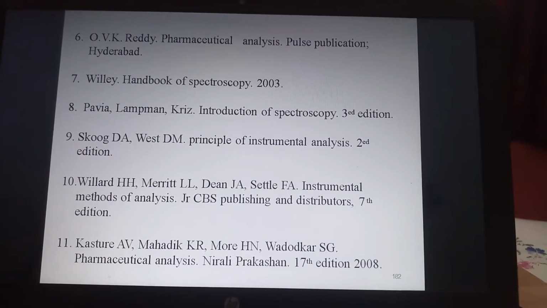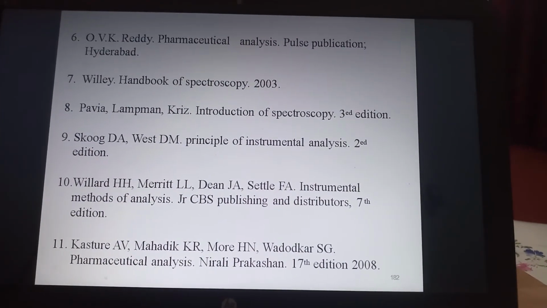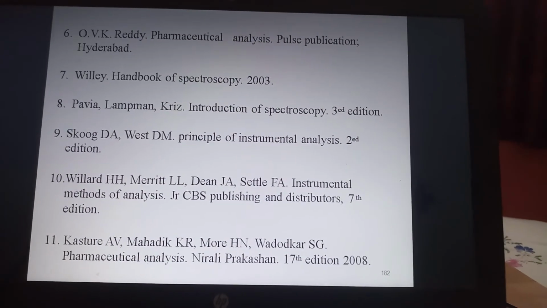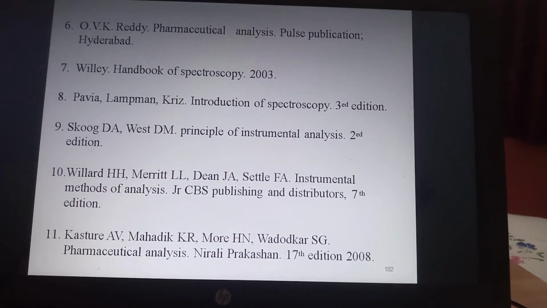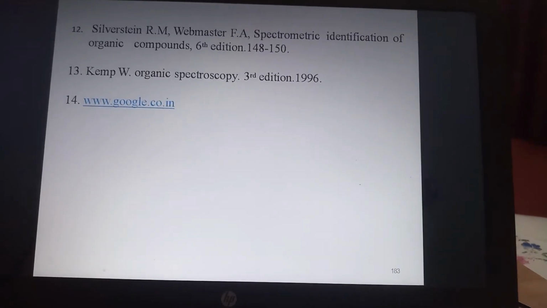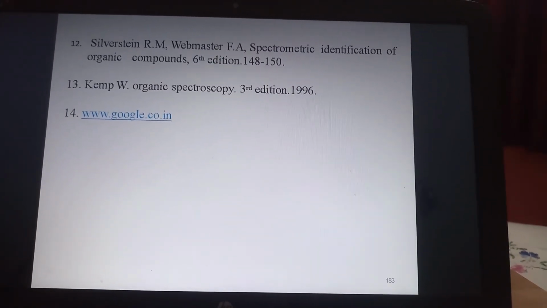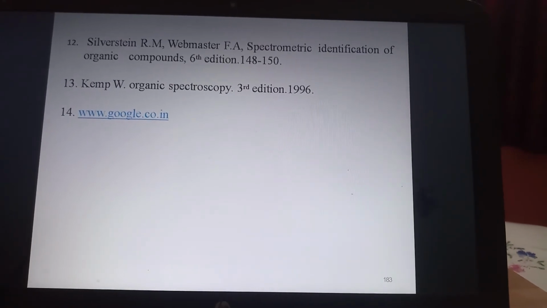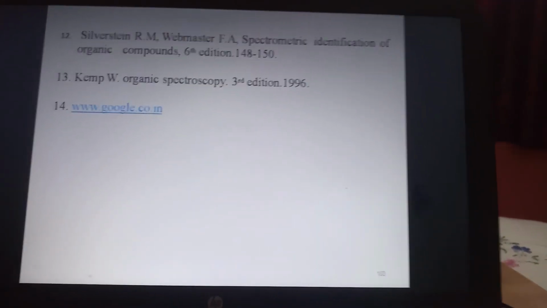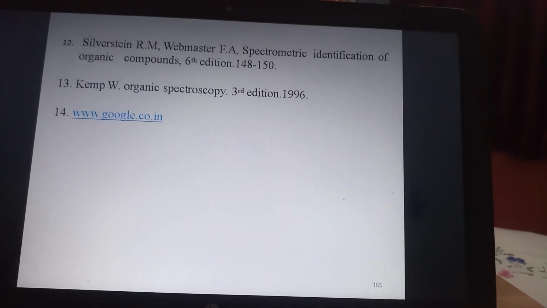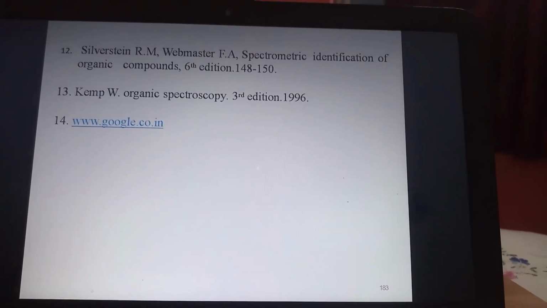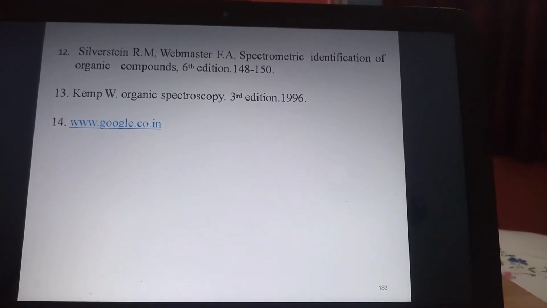Skoog D.A., Willard H. These are some reference books. Kemp, and finally Silverstein, and the more known one, Kemp Organic Spectroscopy, and some material I have taken from Google.